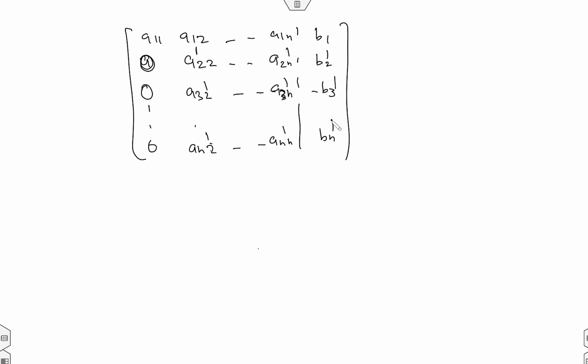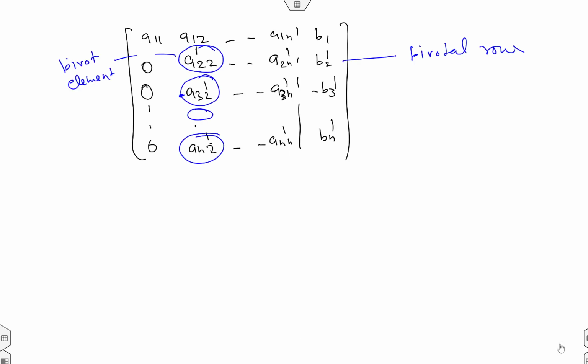Okay, so now the next step is what? We have to make 0 at the position A32 dash, like in the second column, all below-diagonal elements or below the A22 element. So what we do, we will make 0 with the help of the second row and the pivot element A22 dash.